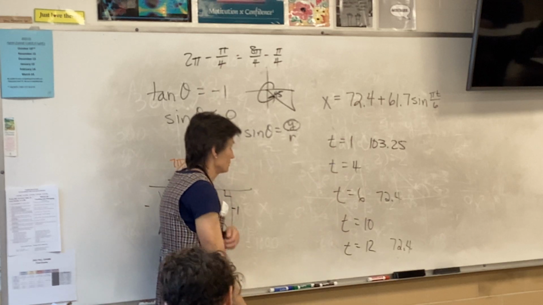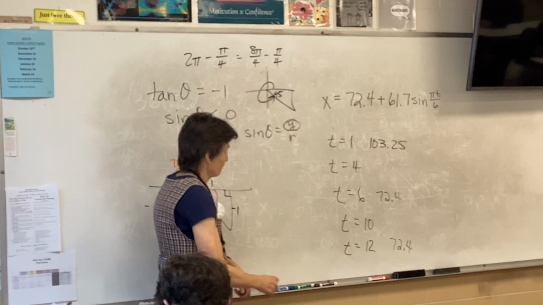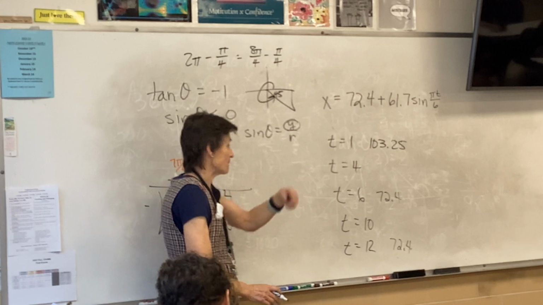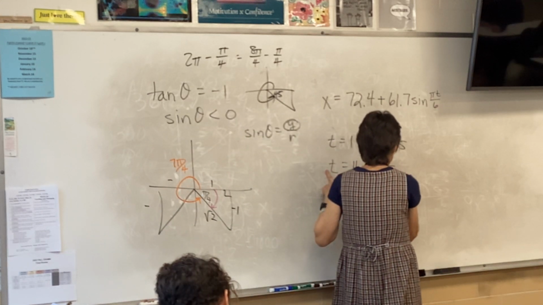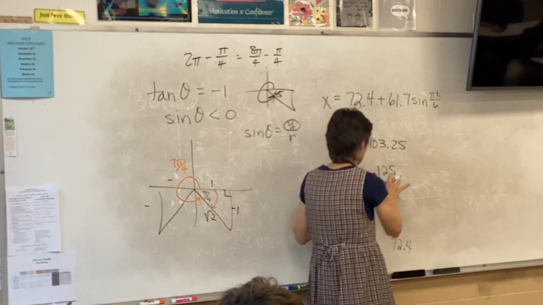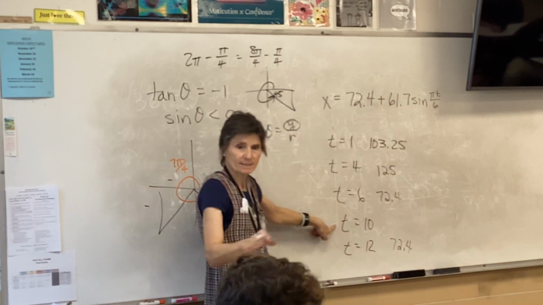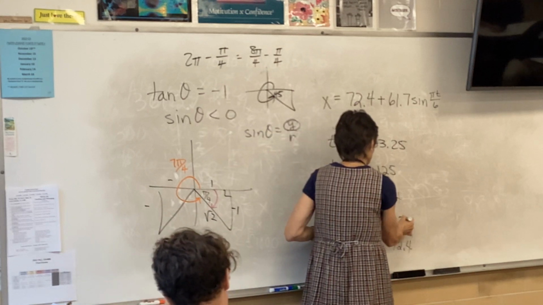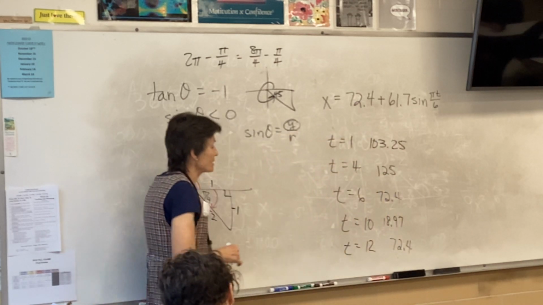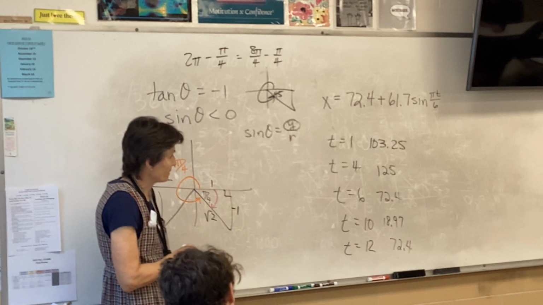Sammy, what did you guys get for 4? 125,000. And who did 10? What did you get? 18.97. And those are all thousands. I didn't write them all out in thousands, but there they are.